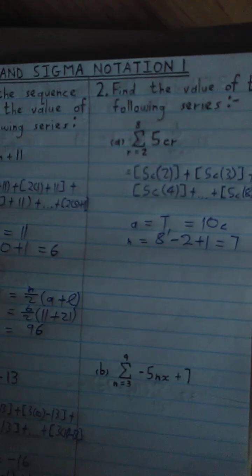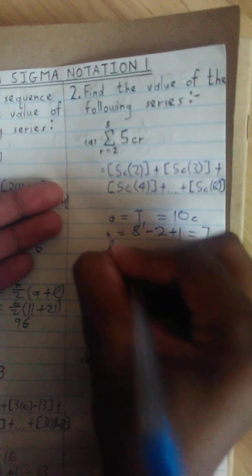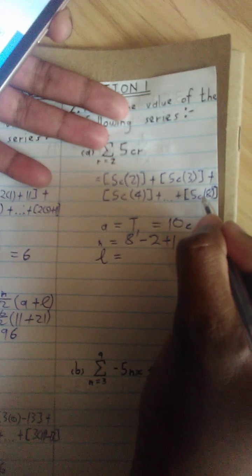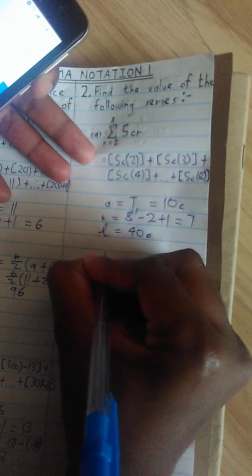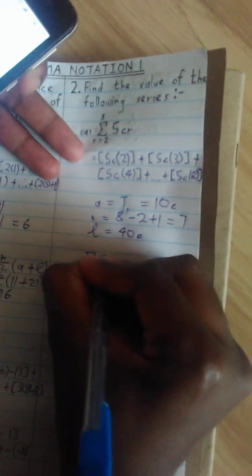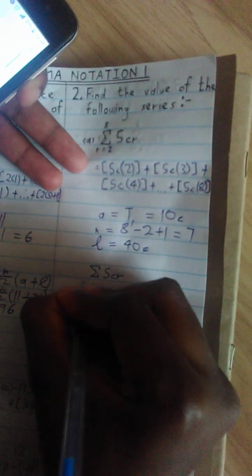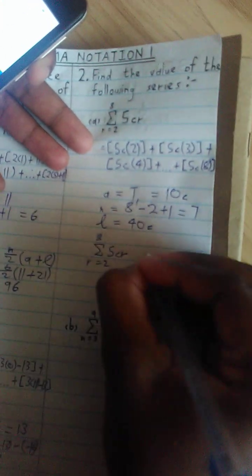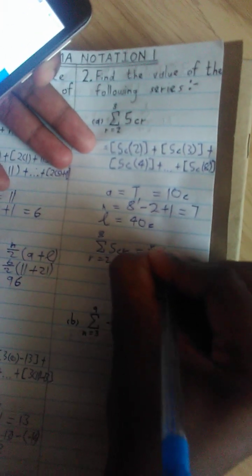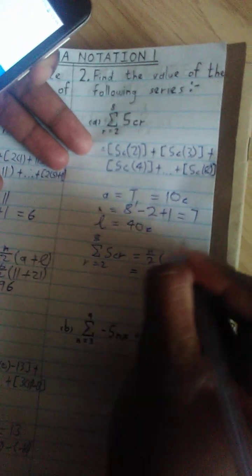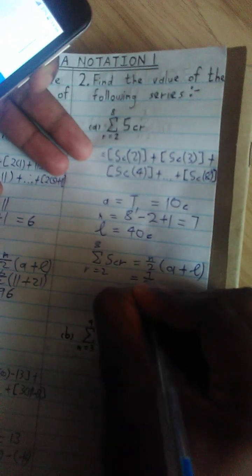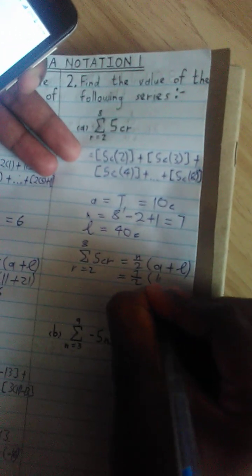And then we're going to take L. L is the last term, which is 5C8, which is 40. So, sorry, we are going to say the sum of 5C r from r is 2 to r is 8 is equal to N over 2 times A plus L. N is 7, so it's 7 over 2. A is 10 plus L is 40.